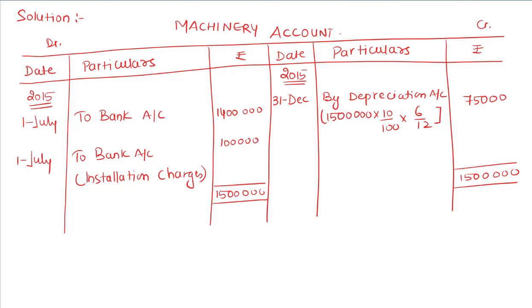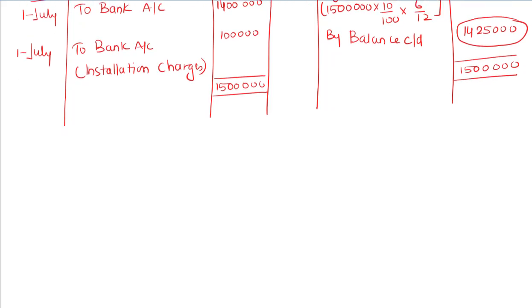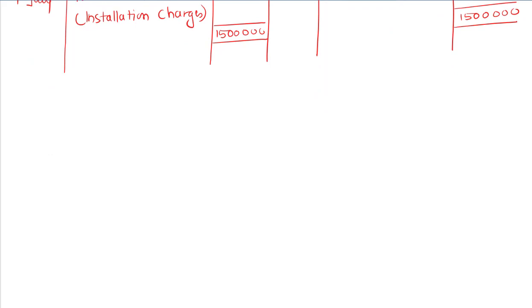So 15 lakh minus 75,000 is 14 lakh 25,000. This is by balance carried down. We are done with 2015.